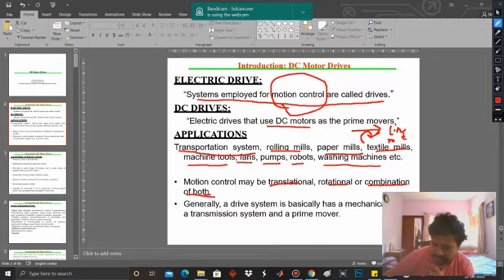So actually this is known as motion modification. So that is a very important aspect that one should know if that person wants to apply it. And see, the different industries have different sorts of requirements. So suppose at one point of time you need 70 rpm and another point of time you need 90 rpm.